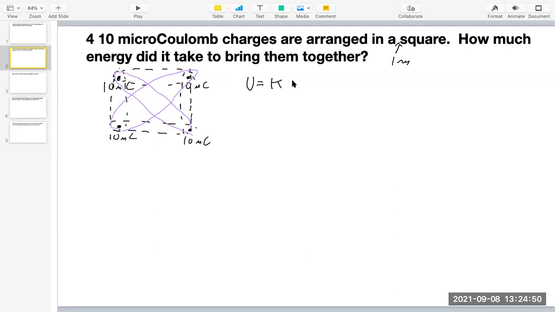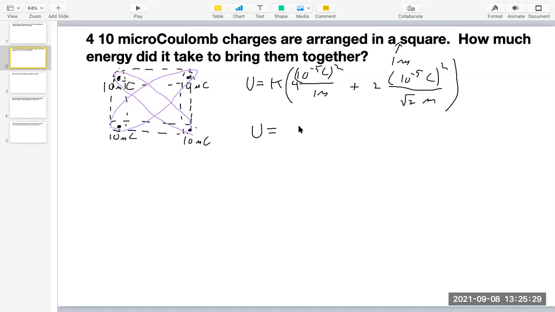So we've got 4 pairs that are a meter apart, and 2 that are √2 meters apart. And plugging in all the numbers, I ended up with 4.87 joules.